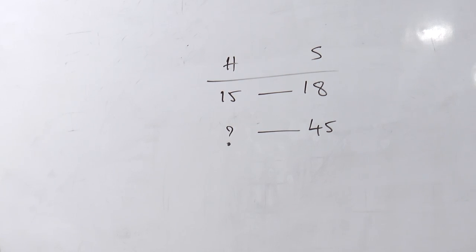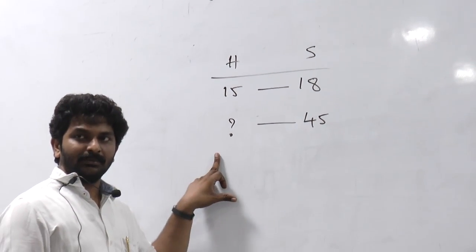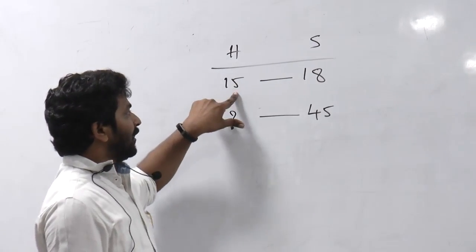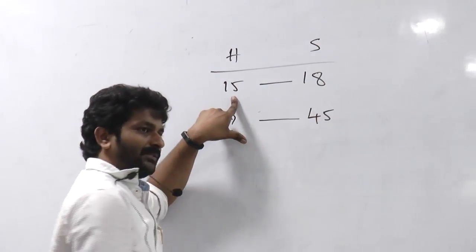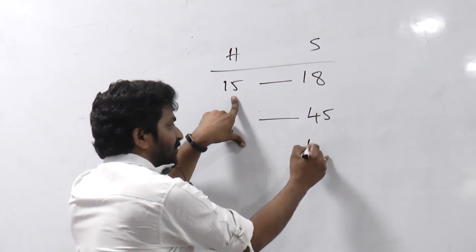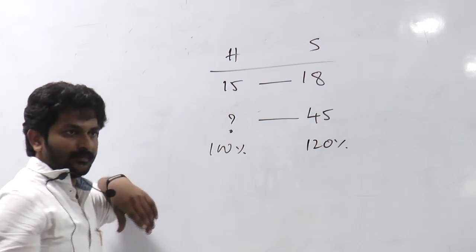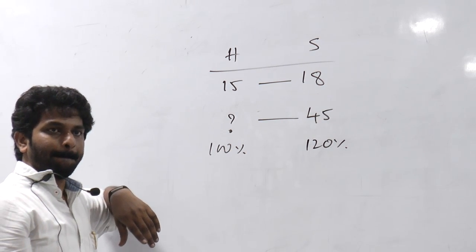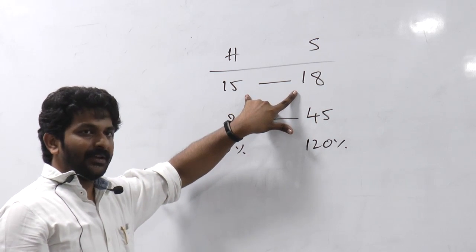Yes or no? If the shadow is 45, you are asked about height. If this is 100%, this is 120%. If this is 120%, how much is 100%? How much is the difference between these two numbers? 3.